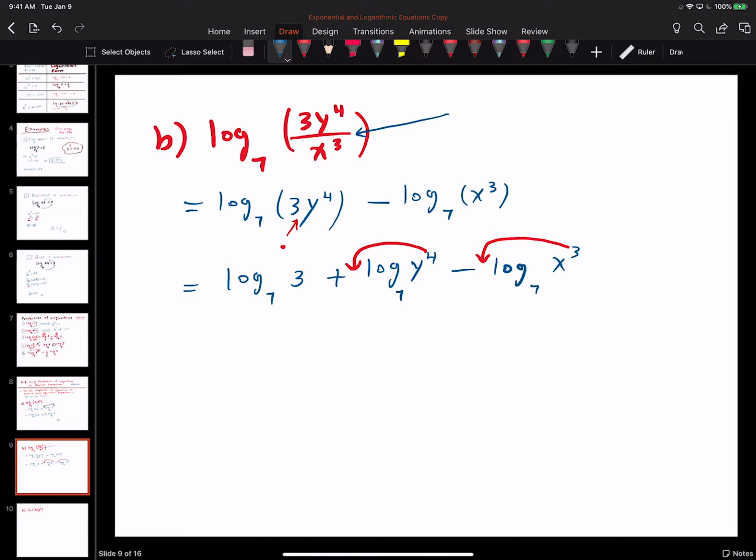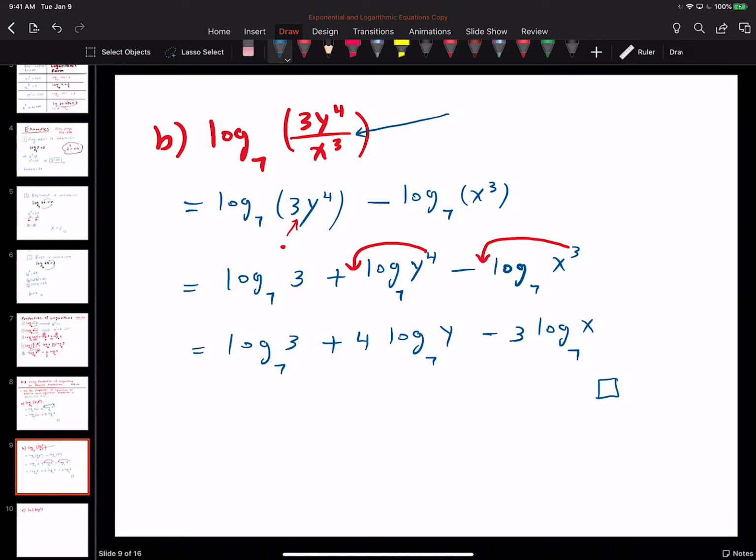And we'll finish the problem. Log 3 base 7 plus 4 log y base 7 minus 3 log x base 7. And that should do it. That's called expanded form. We're done.